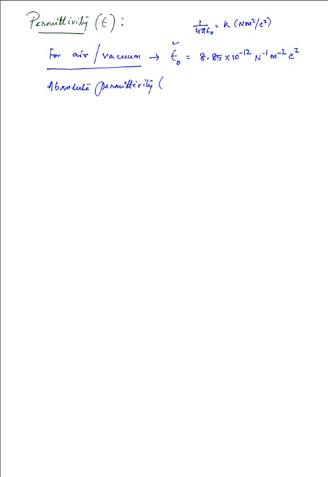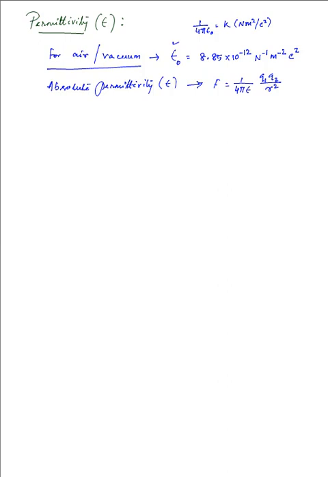Now absolute permittivity of any other medium is simply given as epsilon, and the corresponding force in those mediums will be given by 1 over 4 pi epsilon instead of epsilon naught, if the two charges q1 q2 are separated by a distance r squared. We're just considering the magnitude in this case.